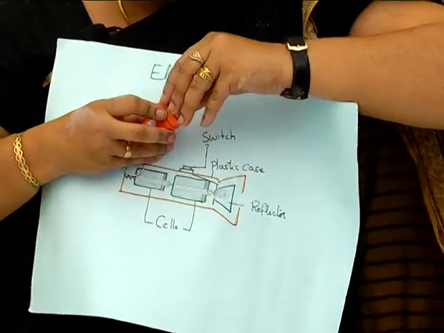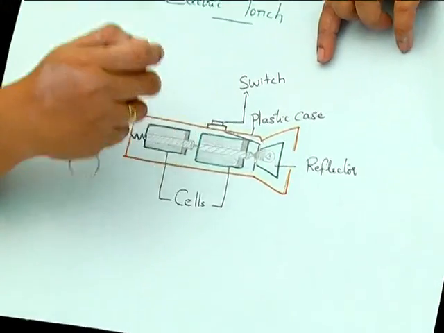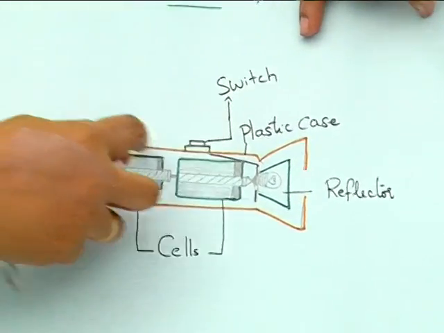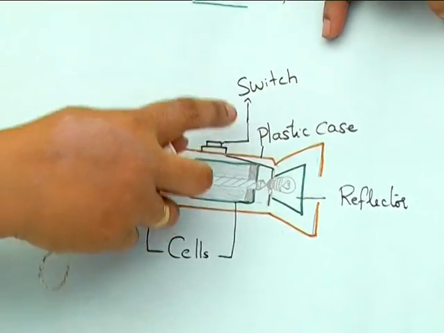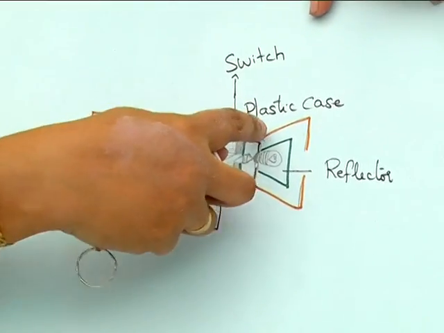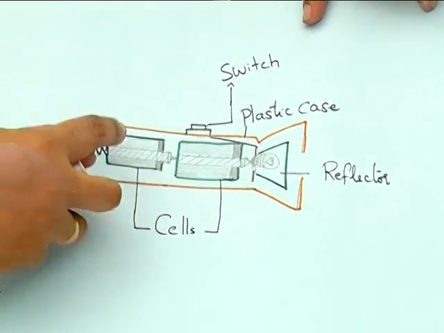And here we have a reflector which helps it glow more brightly. The parts of a torch: this is the outer casing made of plastic, here is the switch, this is the reflector which helps it glow more, and these are the cells.